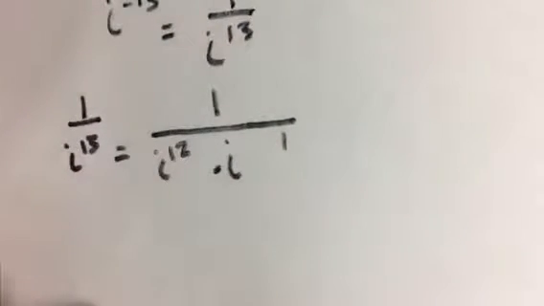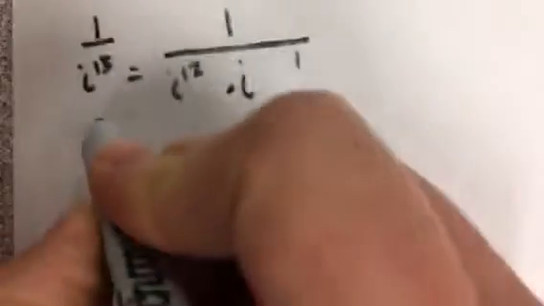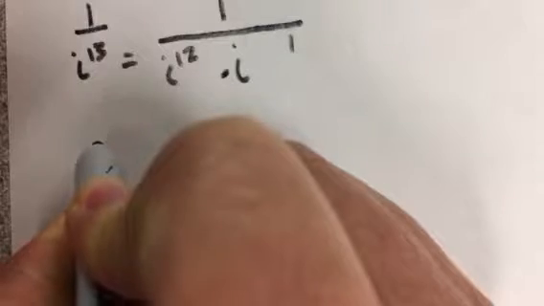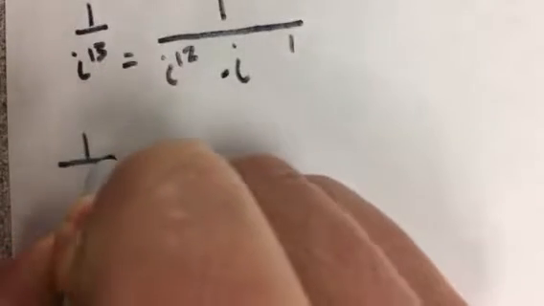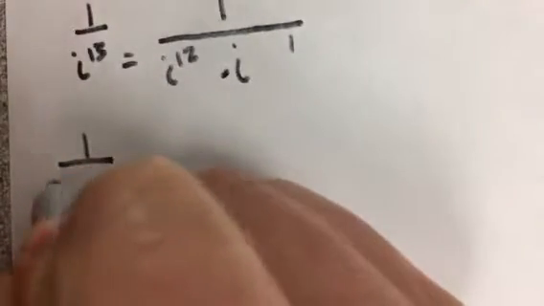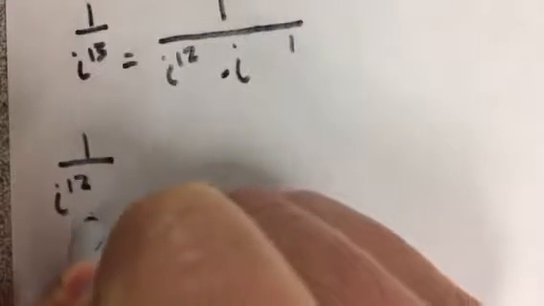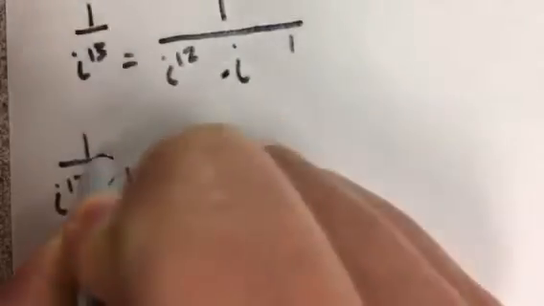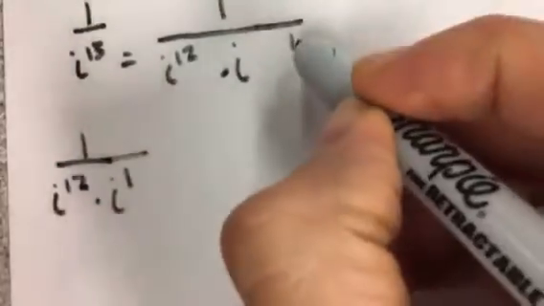Then we're going to write i to the 12th as i to the 4th to some power. So we'll do 1 over i to the 12th times i to the first, just like this was to the first power.